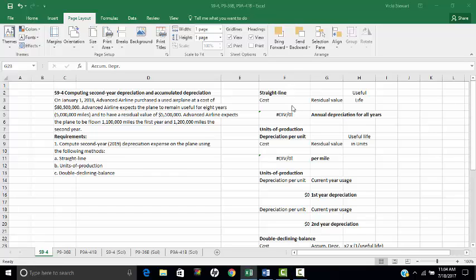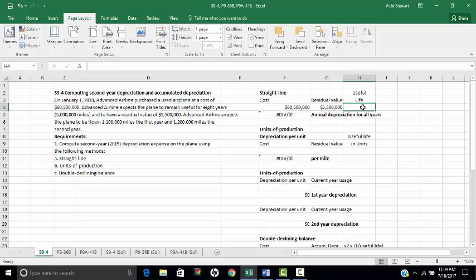So our first method that we are going to compute depreciation using is the straight line method. In the straight line method, we start out with the cost, $60,500,000, and we subtract the residual value, which the problem states would be $5,500,000. And that gives us what we call our depreciable cost.